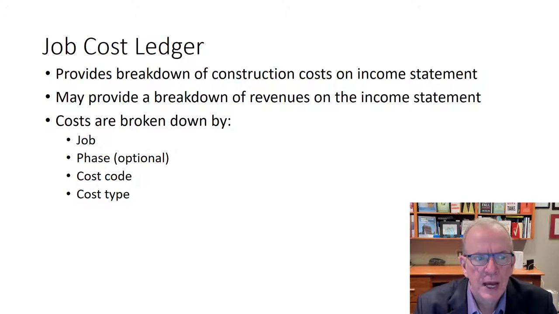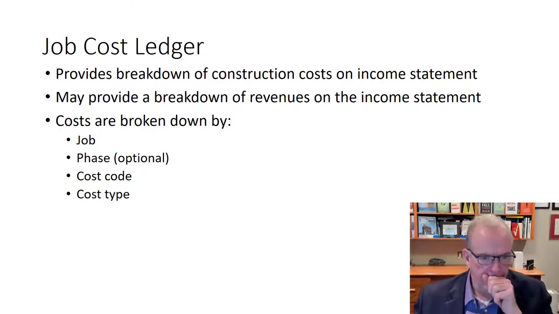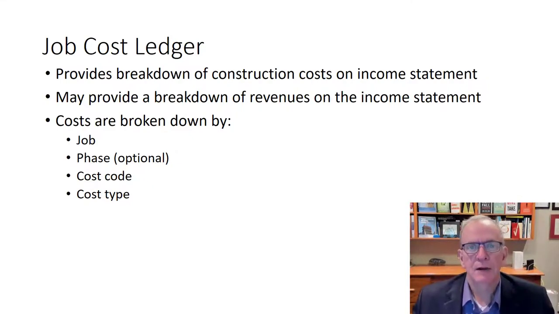An income statement is taken over a period of time. It can be taken monthly, quarterly, or yearly. Public companies do it very frequently because they have specific reporting requirements. So for large, publicly traded construction companies, you can see their income statements. They're posted. Private ones you won't see.